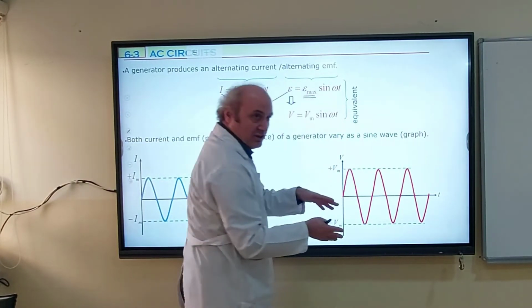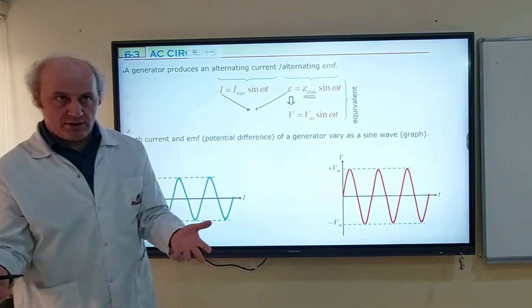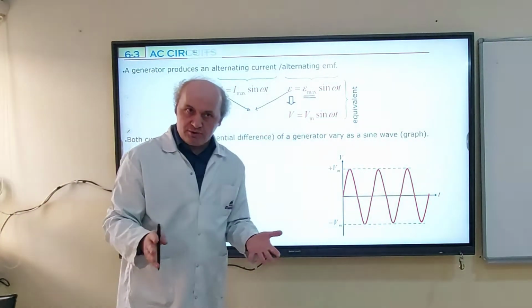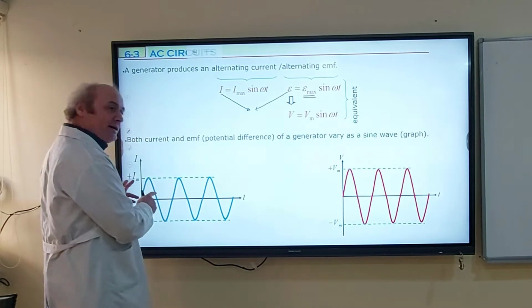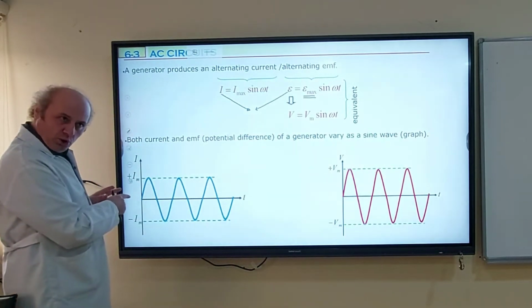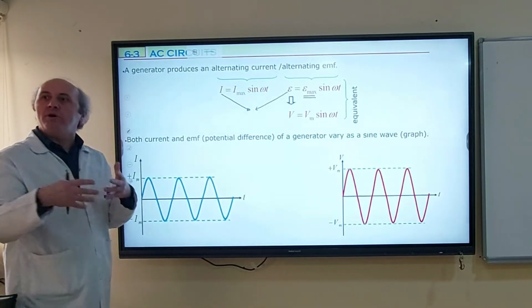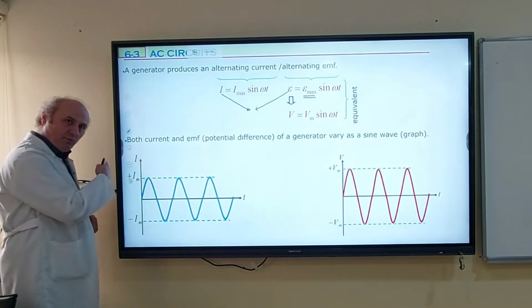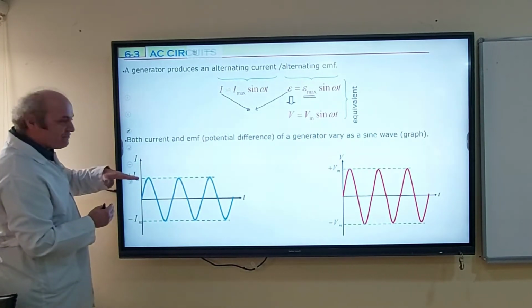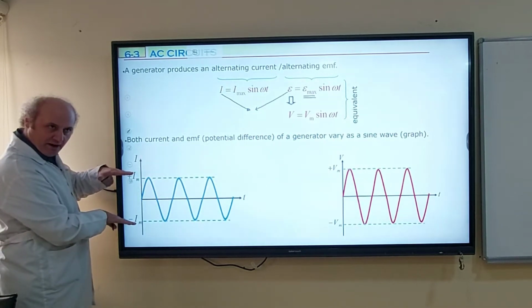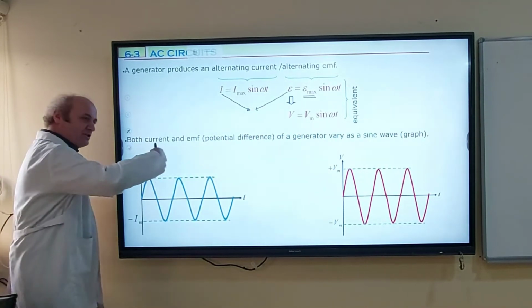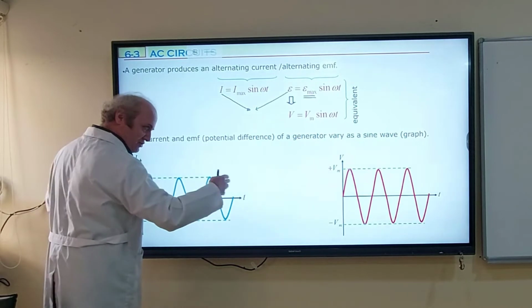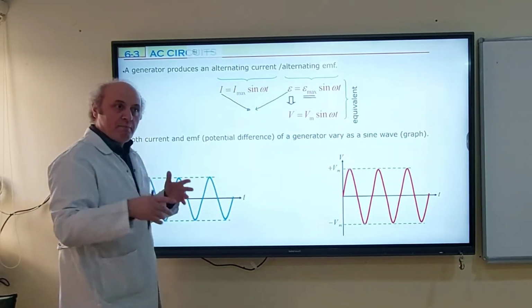Because potential difference causes electric current, without potential difference, no electric current. So we can say that the electric current equation also is going to be a sinusoidal function. So it will change again between two maximum values, the positive I maximum and the negative I maximum. This electric current of a generator will change as sinusoidal, just like the potential difference.